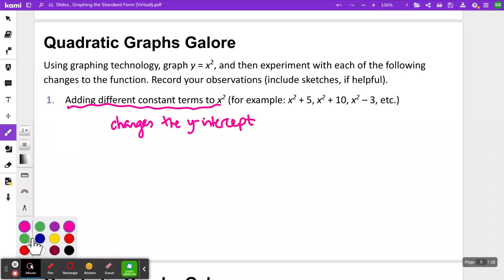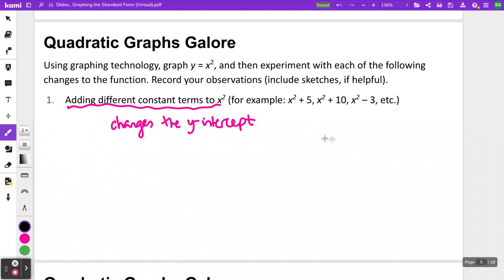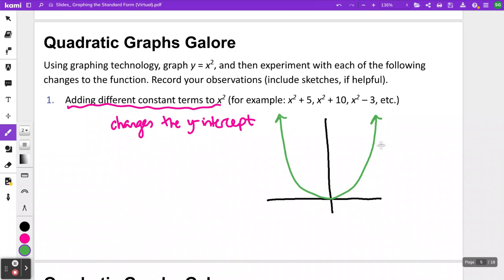For me, I always think of myself as a visual person, so I like having pictures in my notes as well. And so the other part I would include in my notes is a picture of what we were seeing. I'm going to go ahead and put that y equals x squared, since that was our starting point. So that green line is my y equals x squared.